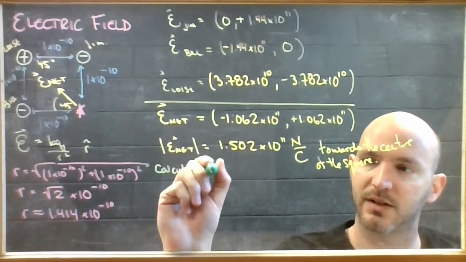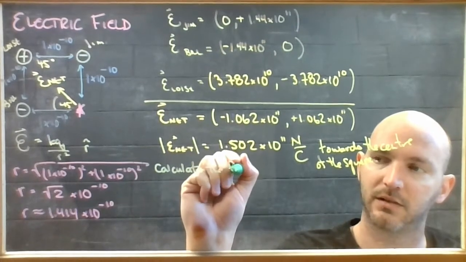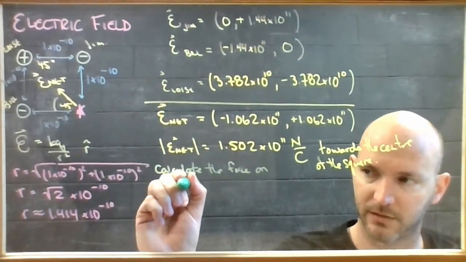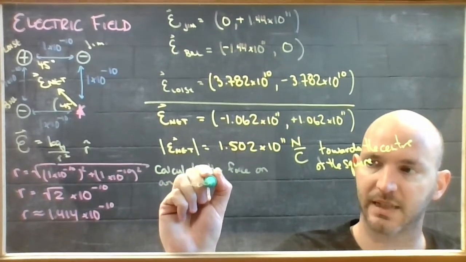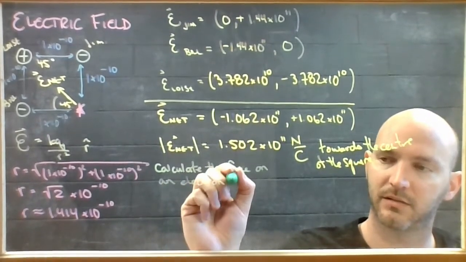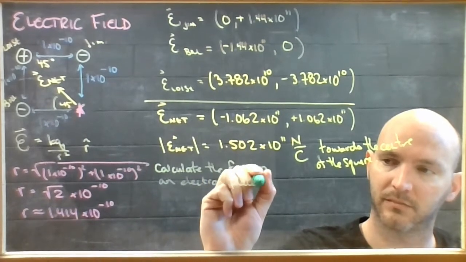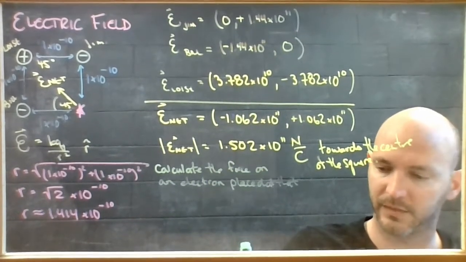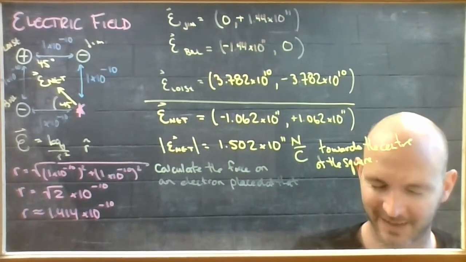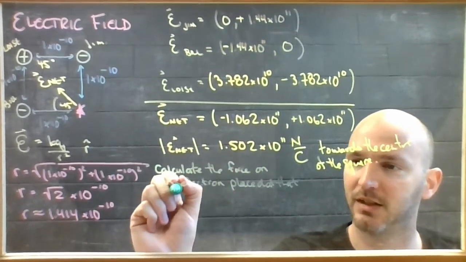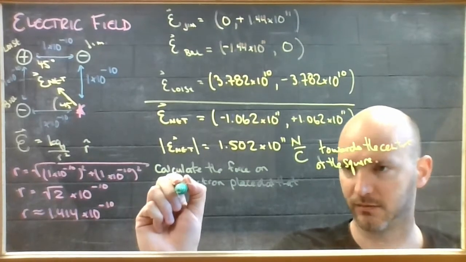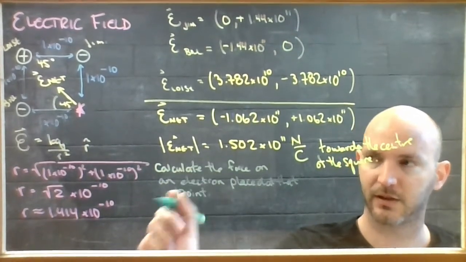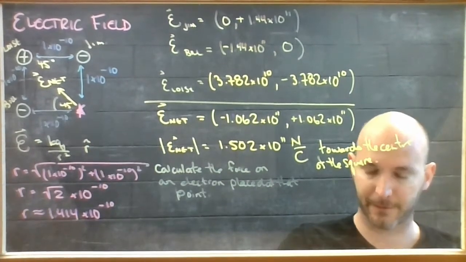Calculate the force on an electron placed at that point. Electrons. These markers are as tired as I am. Placed at that point. Okay, so I'm going to put an electron here.